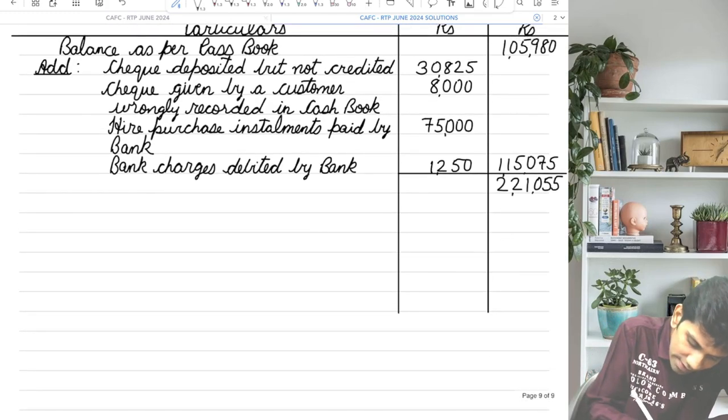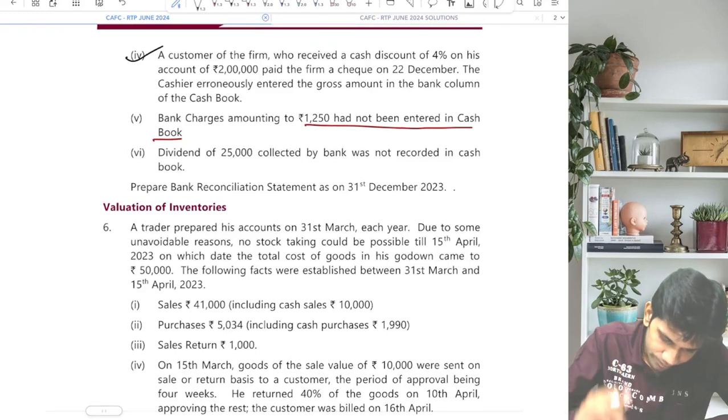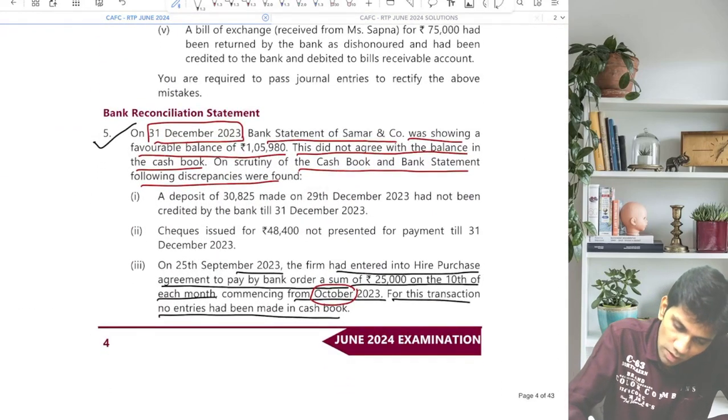Now all less items. Less items we have 48,400.